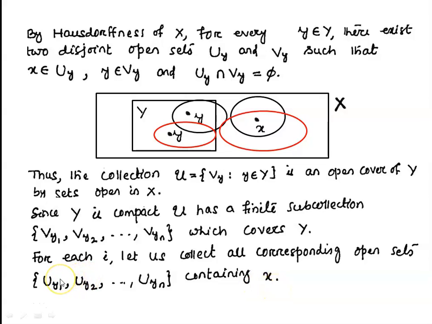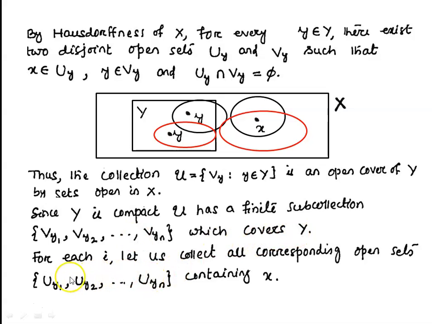So here we have n open sets Uy1, Uy2, Uy3 up to Uyn, which contain the point x, and n open sets Vy1, Vy2, Vy3 up to Vyn, which cover y. If we take the union of all these Vy's, that will contain y.